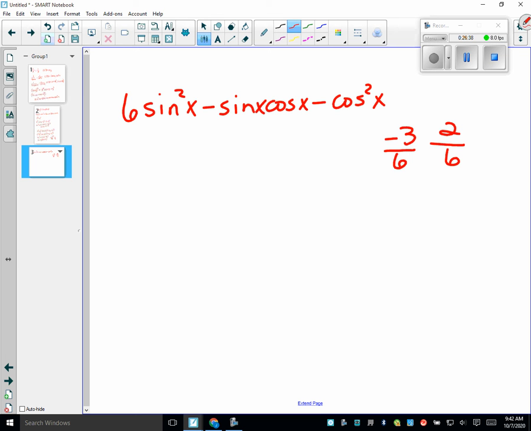Then what do I do? Always reduce. This is a 1 and a 2, and this is a 1 and a 3. So my answer is 2 sine x minus cosine x.